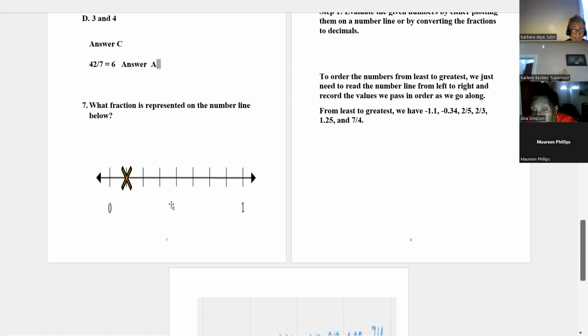That's how you can tell. If you count 1, 2, 3, 4, 5, 6, 7 between the 0 and the 1, that means each hash mark is 1/8. Oh, I see. 1/8, 2/8, 3/8, 4/8, 5/8, 6/8, 7/8, and 8/8, which is 1.